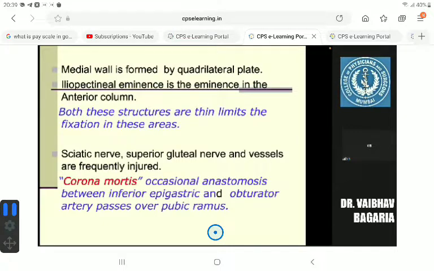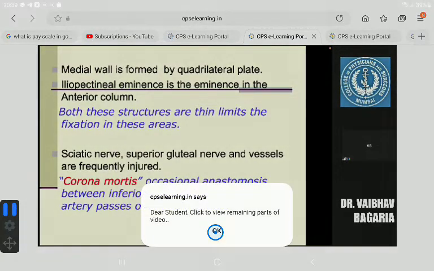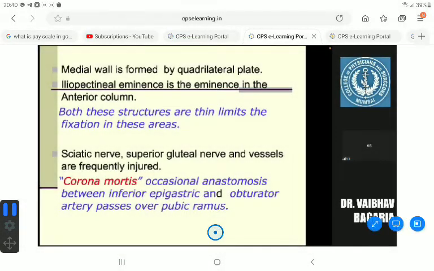The importance is that when you are doing a dissection, if you are not aware of this, you may incidentally cut it, and the patient may bleed to death. So mortis means death, corona means crown. It's like a crown sitting there, and if you injure that, then you are bound to cause deep harm to the patient.